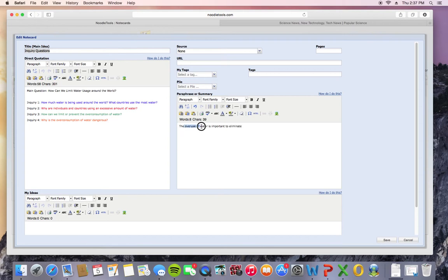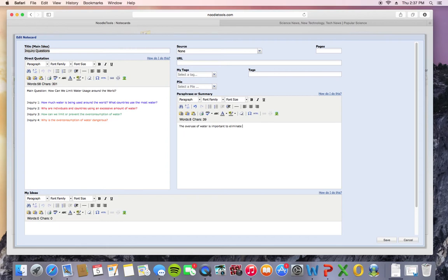Now the overuse of water connects to my blue inquiry because my blue inquiry is talking about that water is being overused around the world, and eliminating connects to my third inquiry about prevention. So far the beginning of my thesis connects to and showcases 2 of my 4 inquiries.